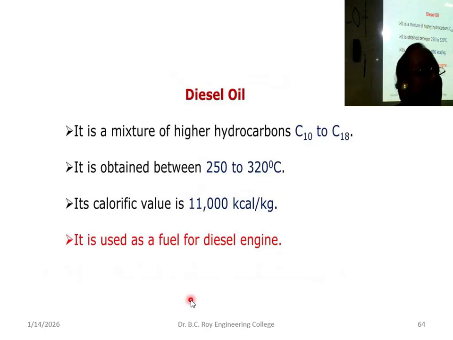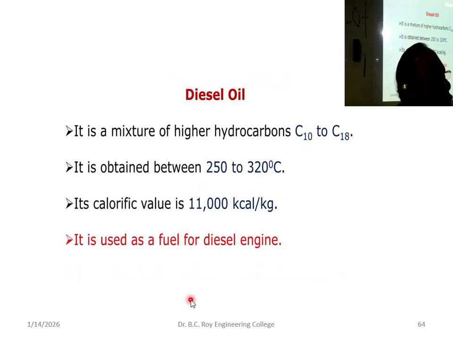The mechanism of burning is different. For petrol, ignition is done by a spark plug. For a diesel engine, there are two nozzles, one diesel jet and the other a compressed air jet.